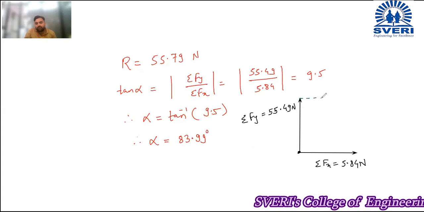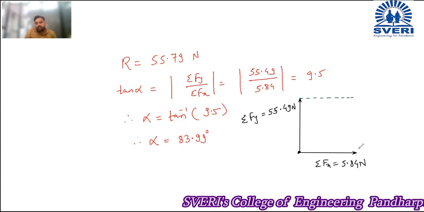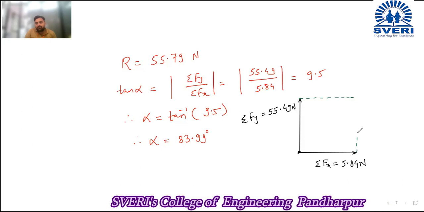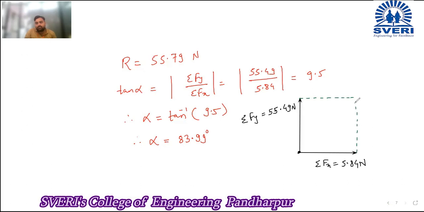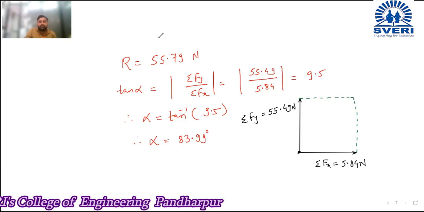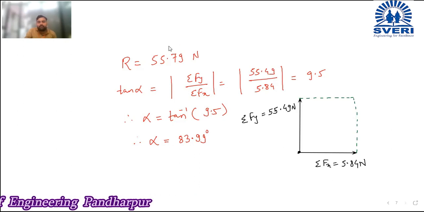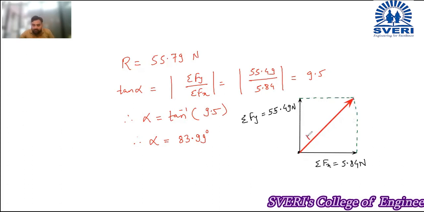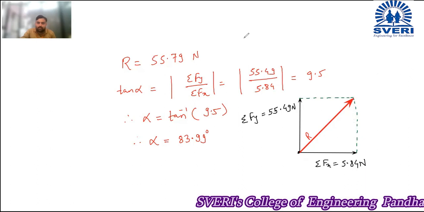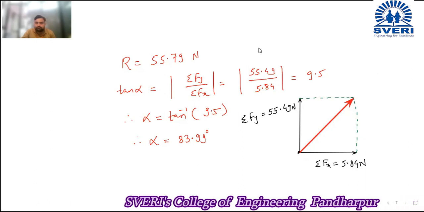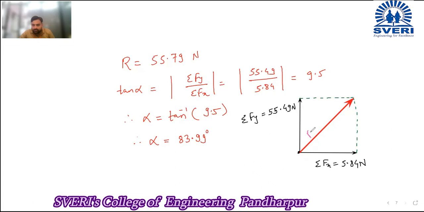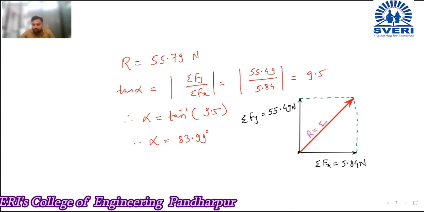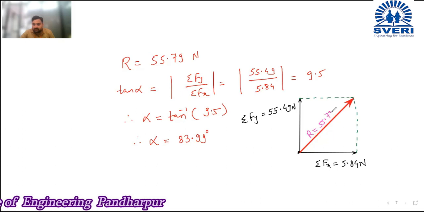Now if I complete the parallelogram, if I extend this line and this line also, they will meet somewhere here, and the diagonal is nothing but the resultant R, which we have also calculated. This R is equal to 55.79 Newton.